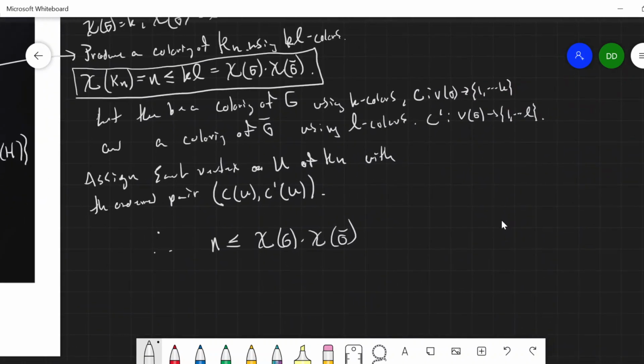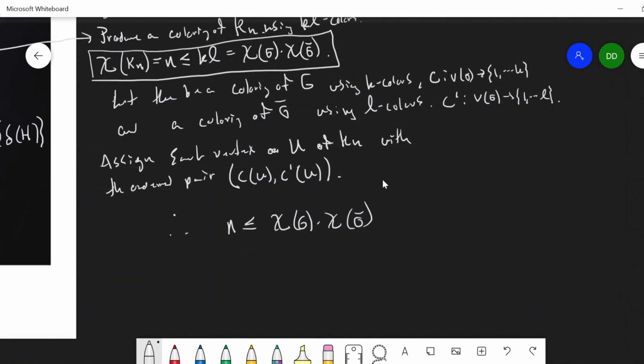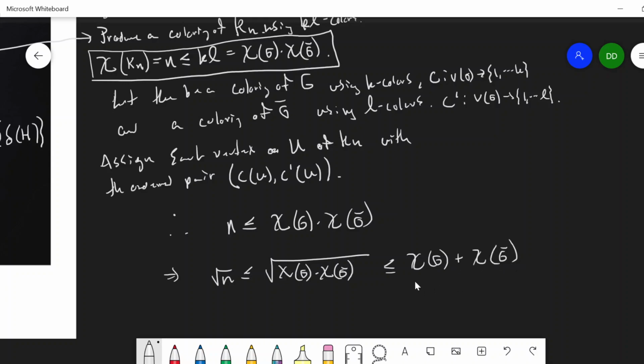Now I'm also going to take down another one of these inequalities. Remember the geometric mean: if I take a square root here, the square root of n is less than or equal to the square root of chi of G times chi of G complement. That will be less than or equal to the arithmetic mean of the chromatic numbers of G and its complement, over 2.